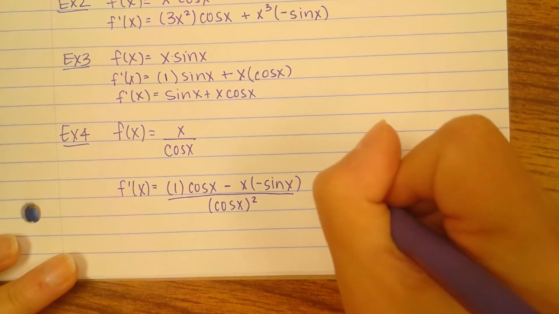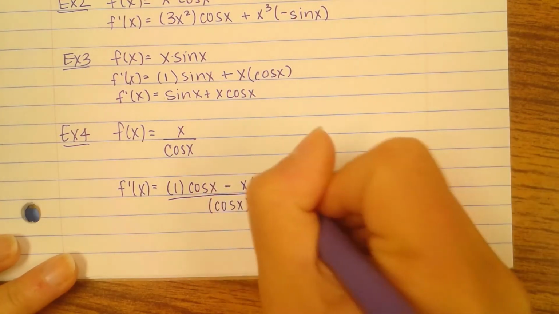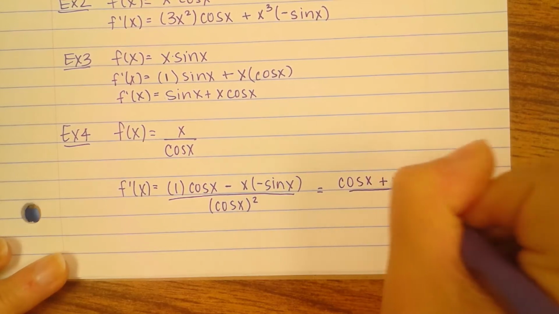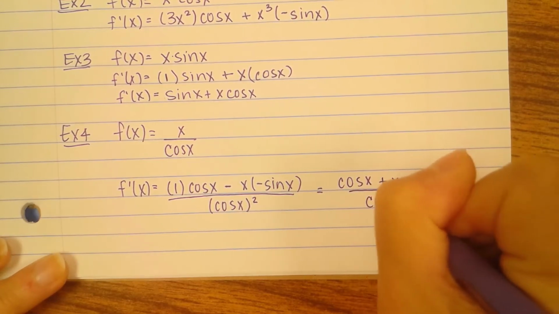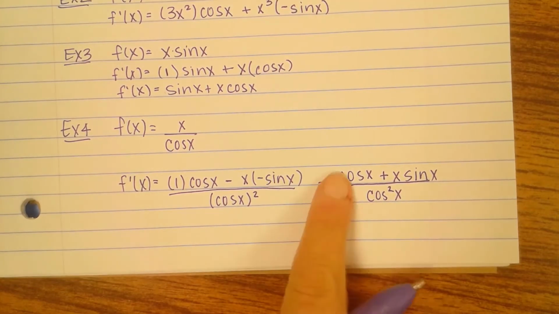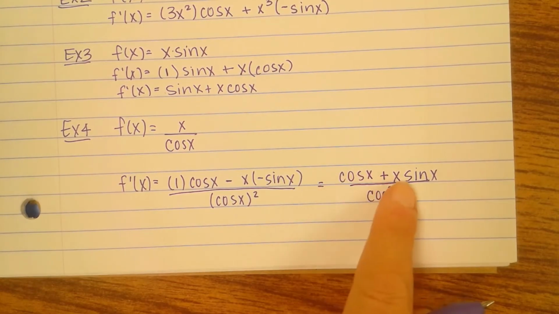So we should end up getting cosine x, and this will end up being plus x sine x over cosine squared x. Again, you could write this differently. You could cancel out a cosine here, giving x sine over cosine squared, and sine over cosine is tangent.